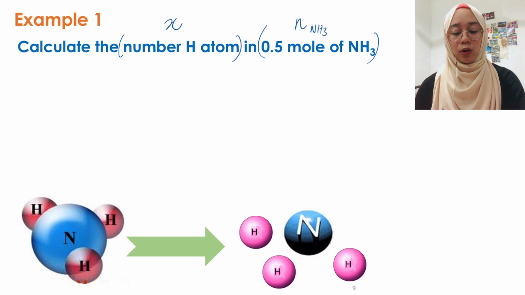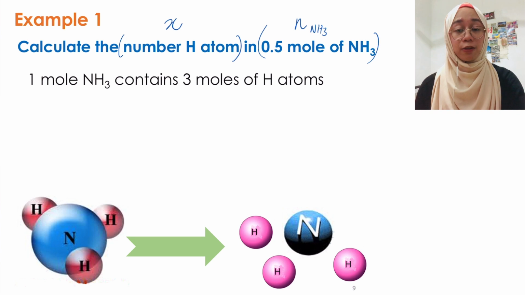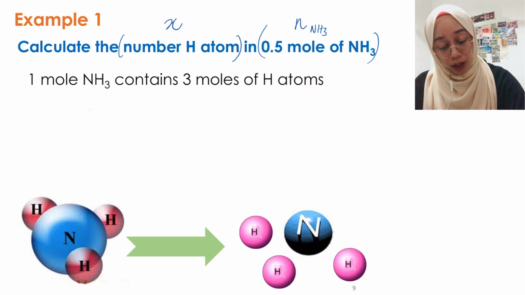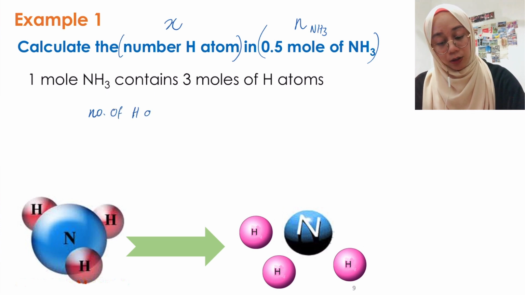Okay, so specifically dia tanya pasal hydrogen atom class. So what you have to do is you need to identify how many hydrogen atoms are there in the ammonia. So from the information given to you, you know that 1 mole of ammonia contains 3 moles of hydrogen atoms. Okay, so apa yang kamu ditanya tadi kelas? You are asked to look for the number of hydrogen atoms.